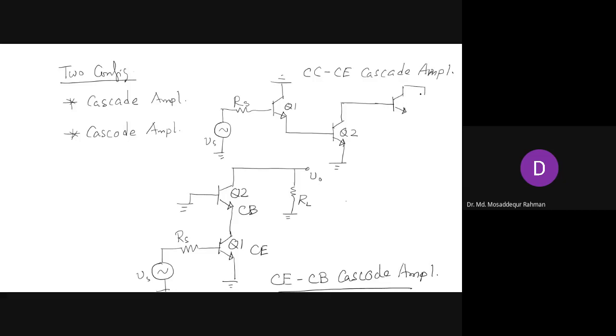The collector is connected to the supply, and the load is taken from the emitter of the common collector. So that will be our RL, V naught. This is our Q3. Then you get a low output resistance and a high input resistance. So that will be your common collector, common emitter, again common collector, three-stage cascade amplifier.